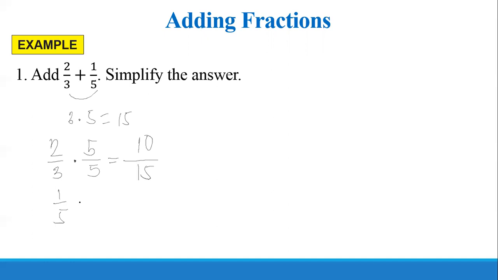And the other one, 1/5, the denominator is 5. To make it 15, multiply both numerator and denominator by 3. And this is now equal to 3/15. So next is add the fractions by adding the numerators and keeping the denominator the same. Alright? So 10/15 plus 3/15, this is equal to 13/15.